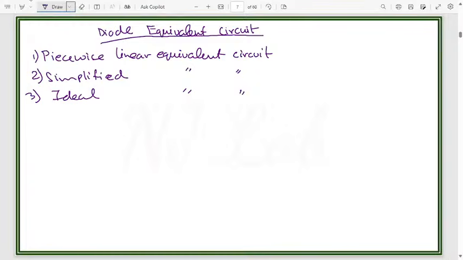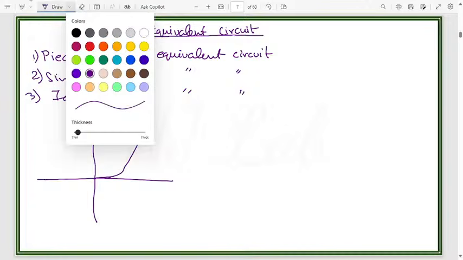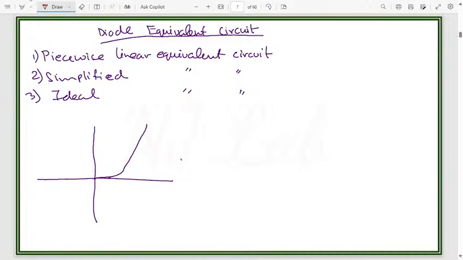Now if we come back to our diode characteristic, it is like this. Now, what can we do? If I put this line like this, just this line will be approximately a straight line.